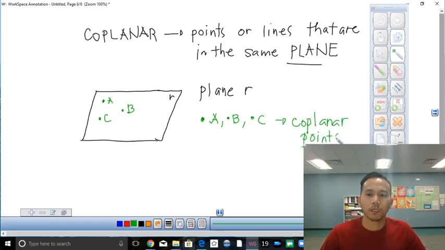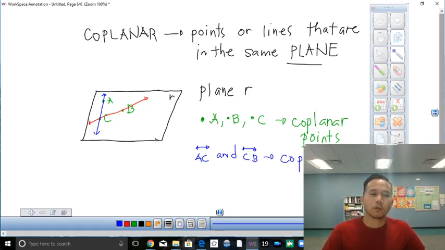Okay. Now, if I have a line, so let us say I'll connect this one, line CB, and let us say line AC. Therefore, your line AC and line CB are coplanar lines.